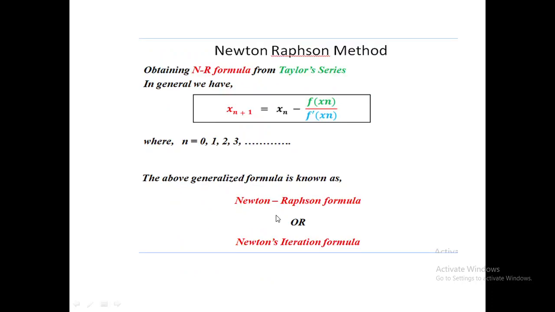This is the generalized formula, where n is equal to 0, 1, 2, 3 up to the n value. This generalized formula is known as the Newton-Raphson formula. It is also called the Newton iteration formula. This formula you have to remember.